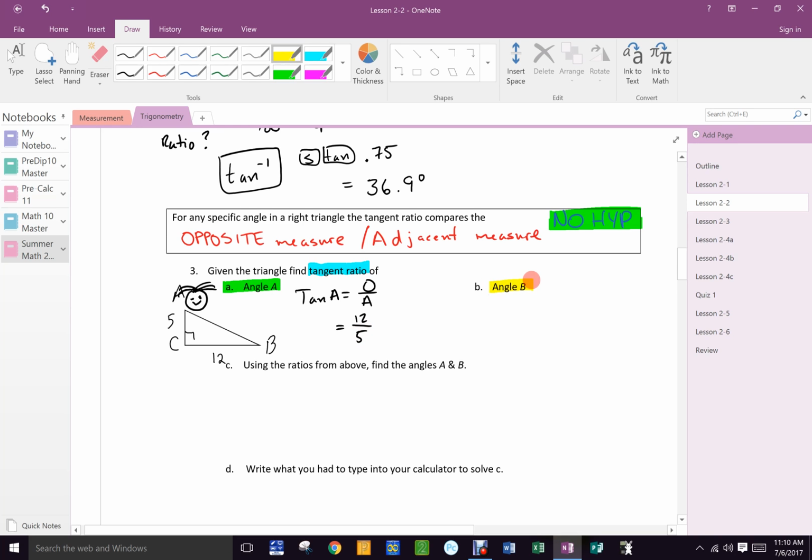Now, over here, when I am on this question, where am I now? Angle B. So I slide down the triangle, and here I am at B. Now, what is opposite to me? The tan of B is still opposite over adjacent, but now my opposite is what? 5, and my adjacent is what? 12.